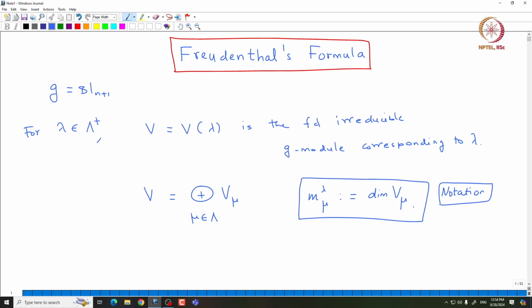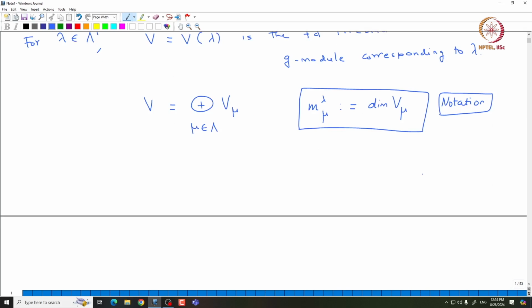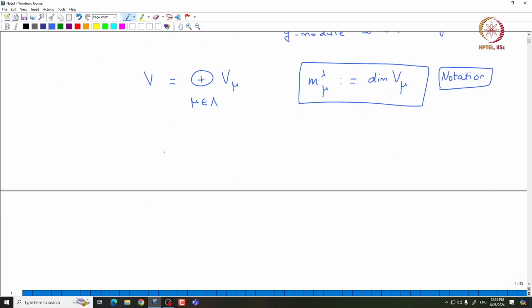If we use this notation, then Freudenthal's formula gives a recursive way of computing the weight multiplicity, starting from the weight lambda, whose multiplicity is 1. That much we know. So m lambda lambda, the multiplicity of the highest weight, is exactly 1.